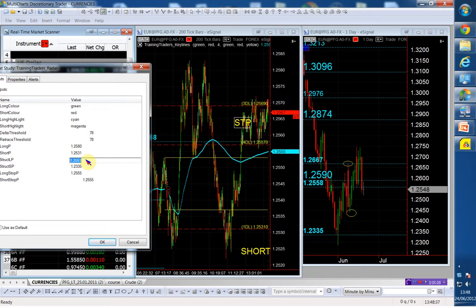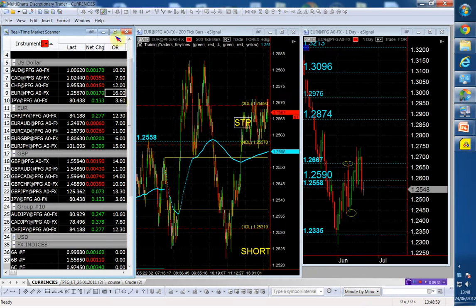I'm risking about 35 pips on that trade. On the short side, I'm going to go short below 125.30. If I do, I have a structure point about 200 pips away to the downside at 123.35, and my stop remains the same at 125.55.